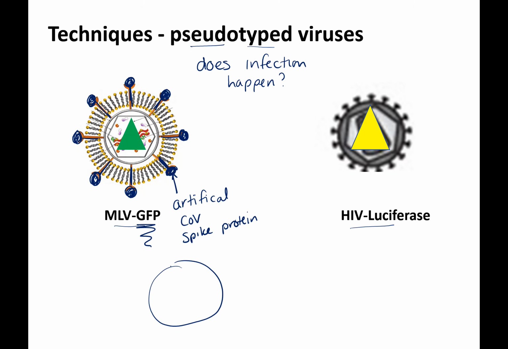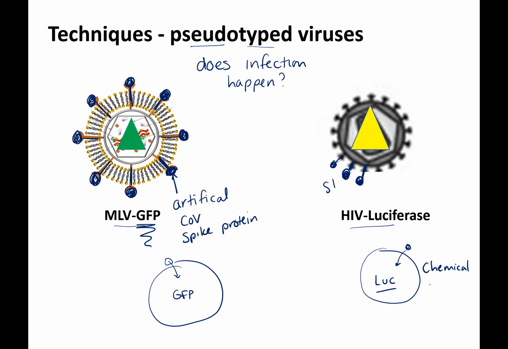So if a cell is infected by this little virus, green fluorescent protein will be expressed. Or if the cell is infected by the recombinant or pseudovirus HIV with the S1 spike protein, you measure luciferase, and luciferase is measured by a chemical reaction.